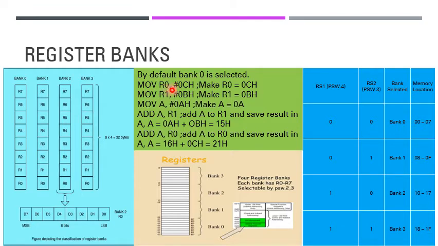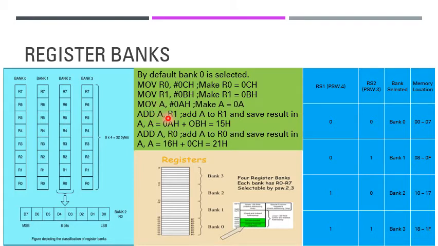Move R0, 0CH, that is, immediately load 0C to register R0, and this instruction states immediately load 0B to R1, and this instruction states immediately move the data 0A to the accumulator.